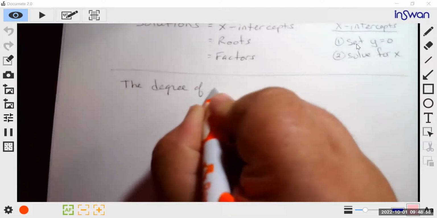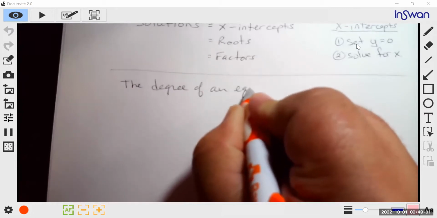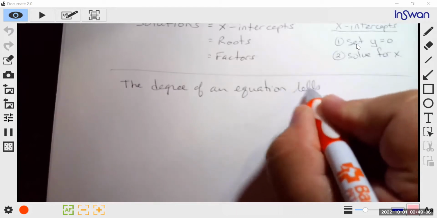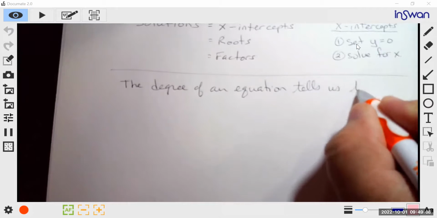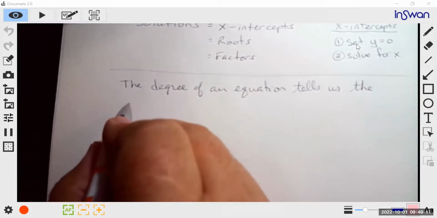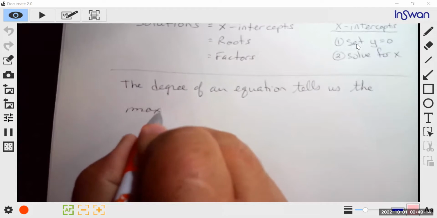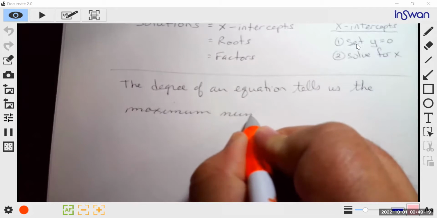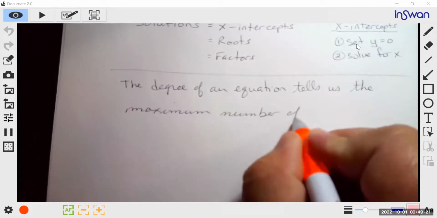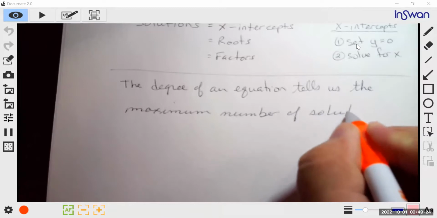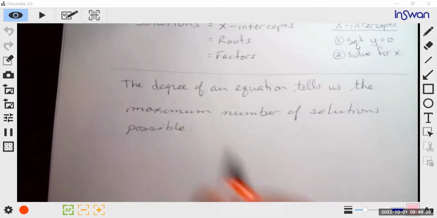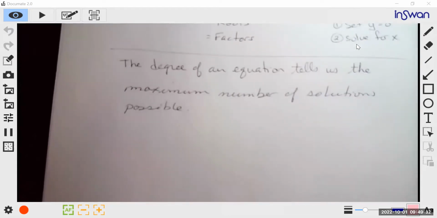The degree of an equation tells us the maximum number of solutions possible.